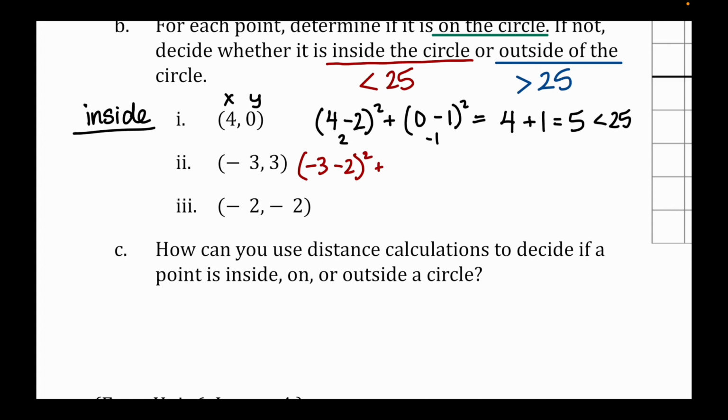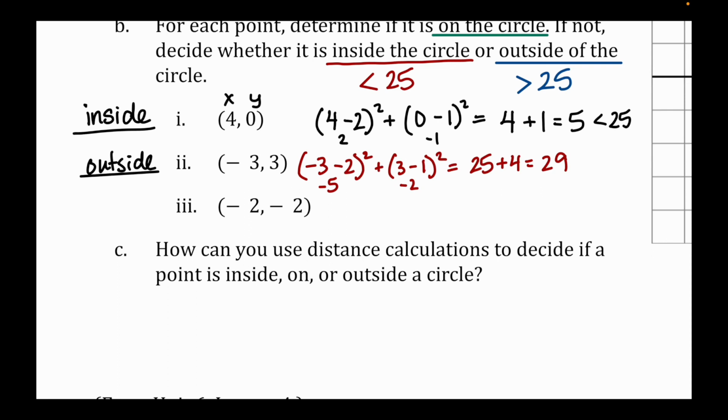I'm going to add that with 3 minus 1 squared. So this makes negative 5, and this makes 2. 5 squared is 25, and 2 squared is 4. That makes 29, and since that's greater than 25, this one is going to be outside. So I'll write that in black. Outside.